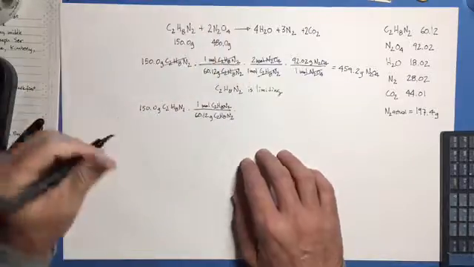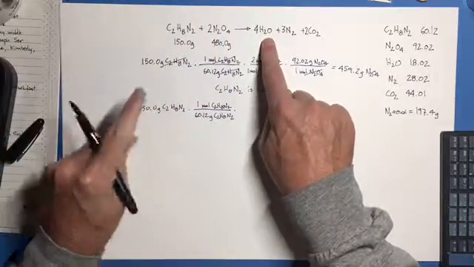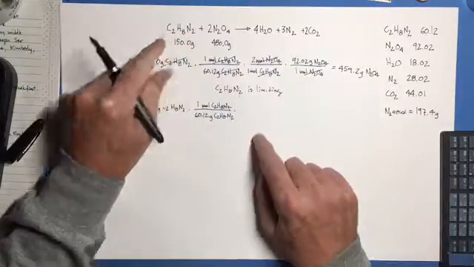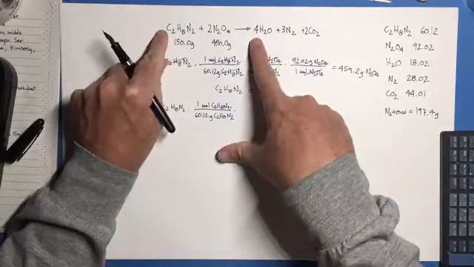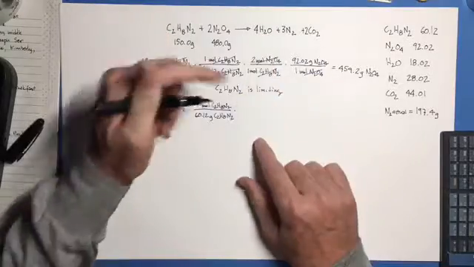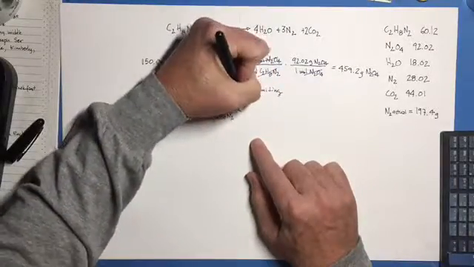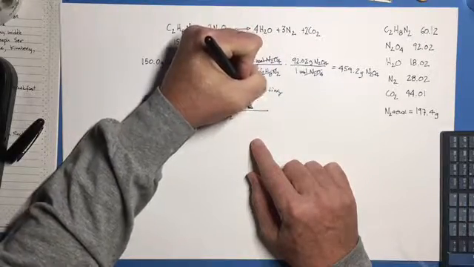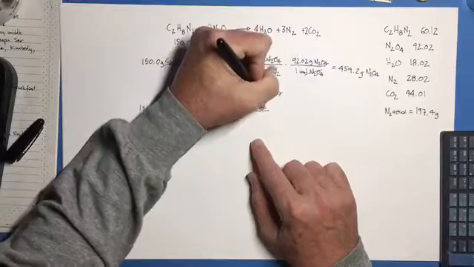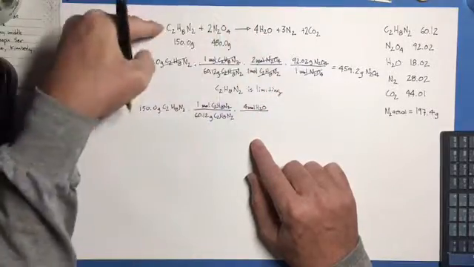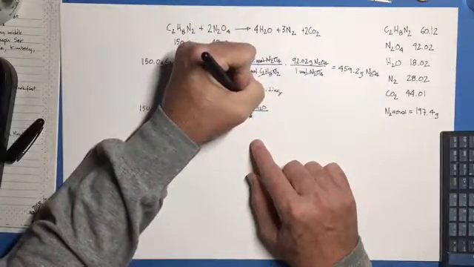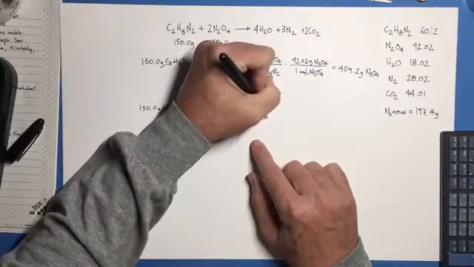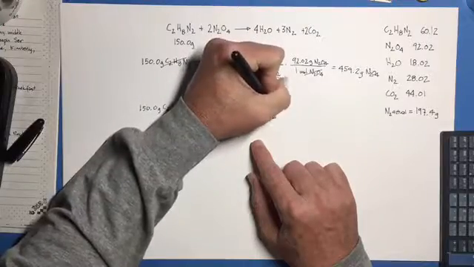C2H8N2. Now, I want to find how much water I have, so I need to compare moles of C2H8N2 to moles of H2O, and that's what my balanced equation tells me. 1 mole of this is to 4 moles of that. So I will put 4 moles of H2O there and 1 mole of C2H8N2.